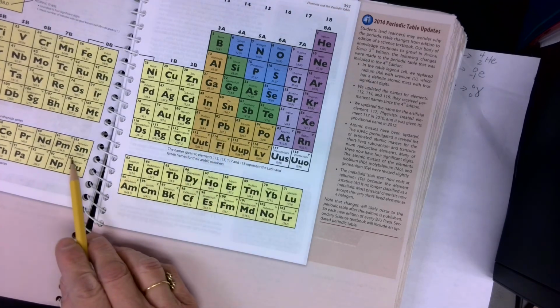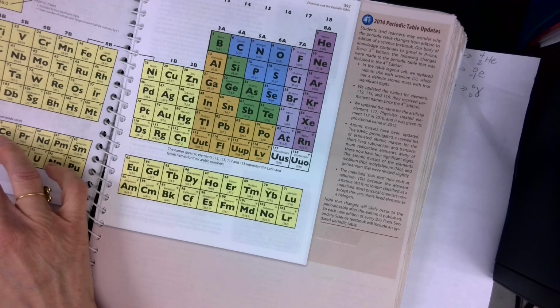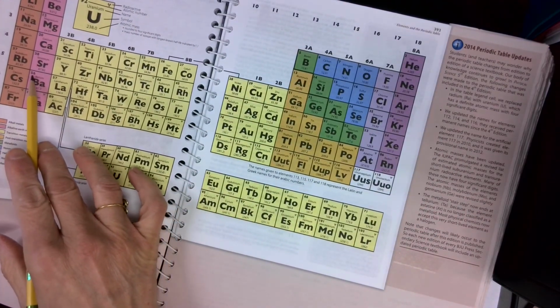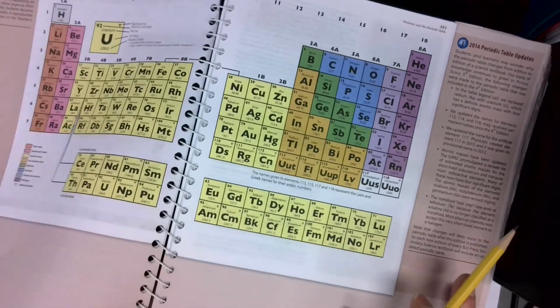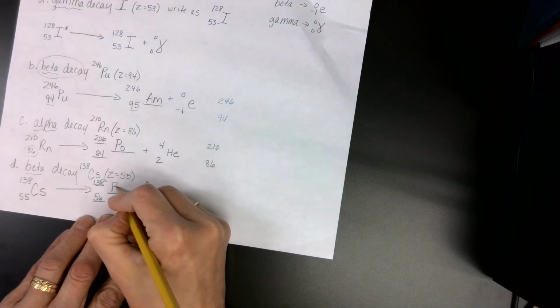Let's see, where is it here? Here we go. Barium. Barium is 56, okay? And the symbol is Ba. So what we're going to write here is Ba.